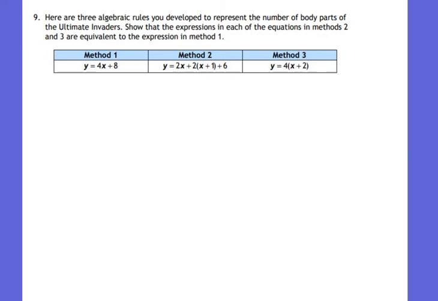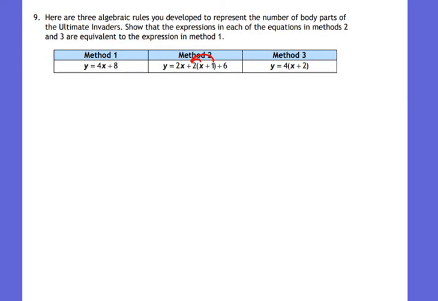Is there any like family members here? Yes. But I also see a distributive property. You see it in the middle? Okay, that needs to be handled. So I need to simplify this and make sure that it matches the method 1 equation. So I do my little rainbow.